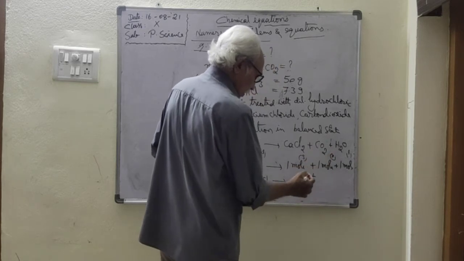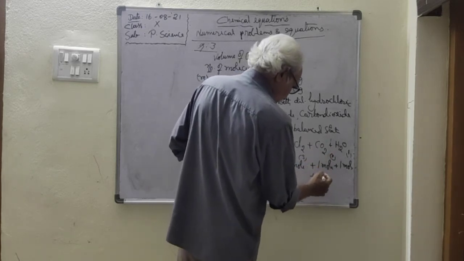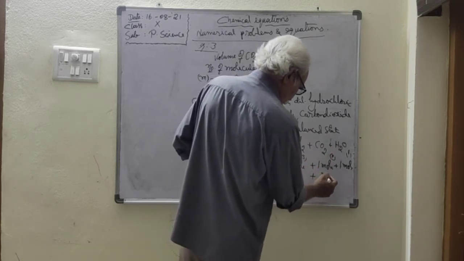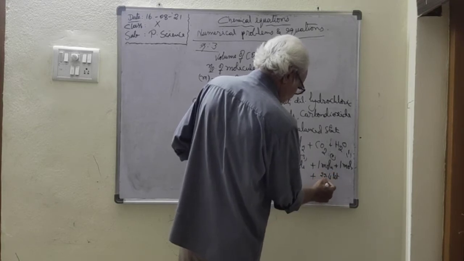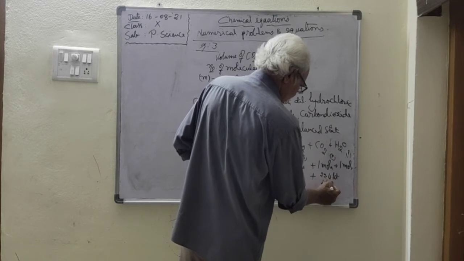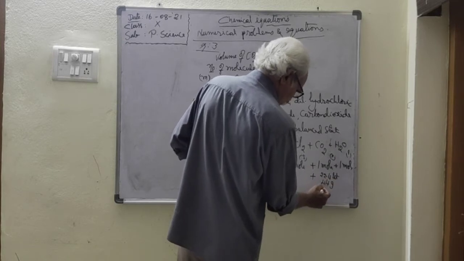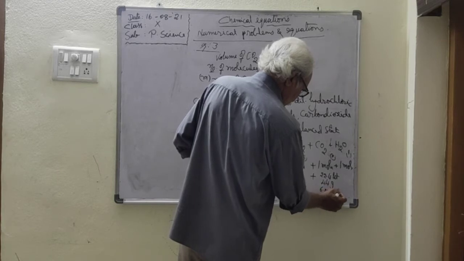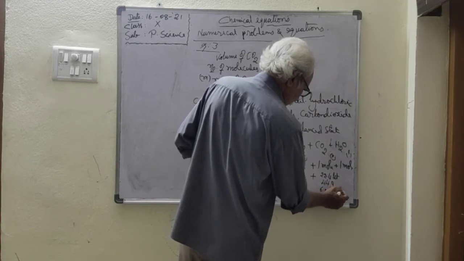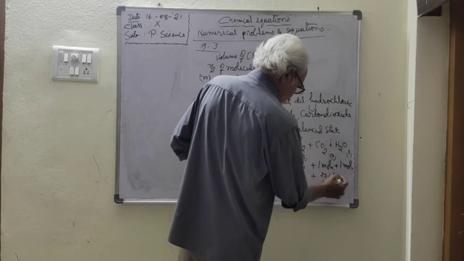Carbon dioxide here, 1 mole means 22.4 liters, or you can write 44 gram or 6.022 into 10 power 23 molecules.